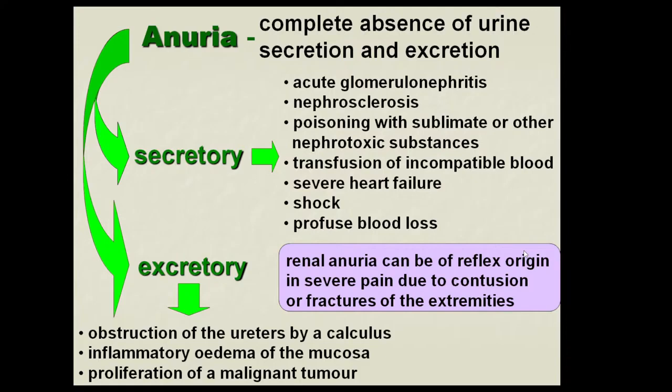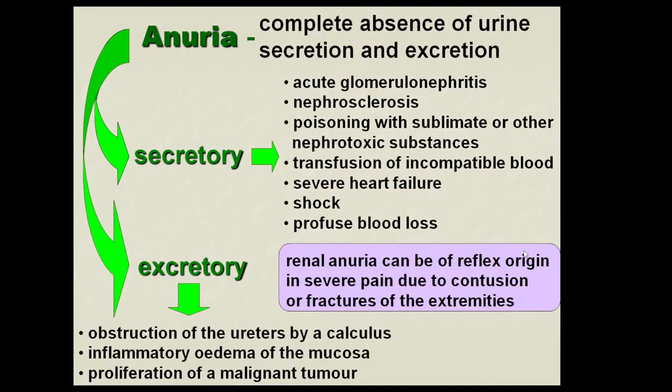Excretory or renal anuria may be a result of reflex process due to severe pain, usually due to contusion or fractures of the extremities. But it disappears after taking severe analgesic medicines.